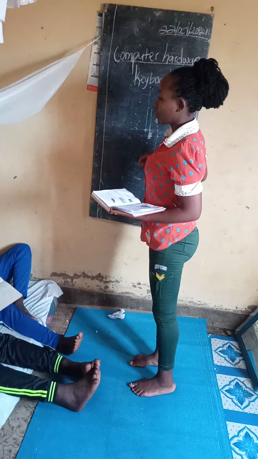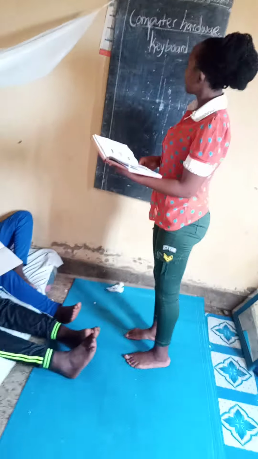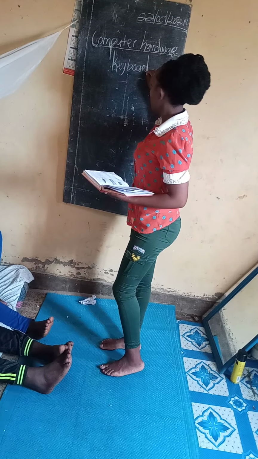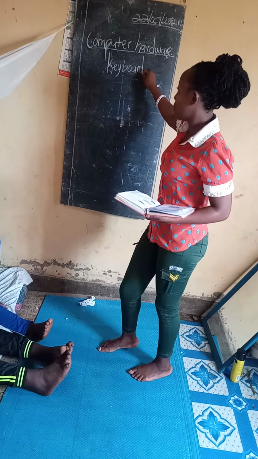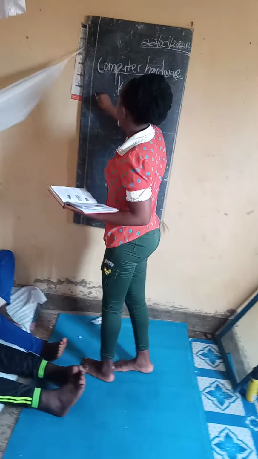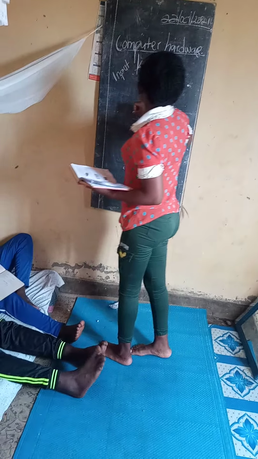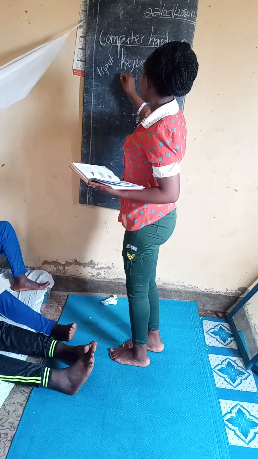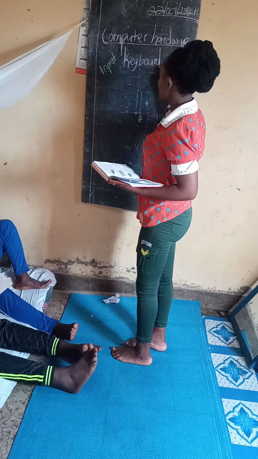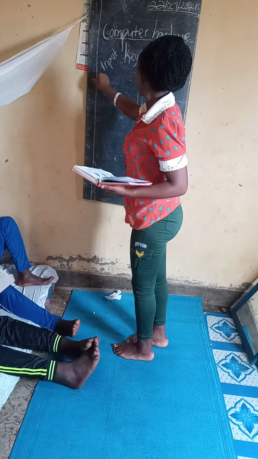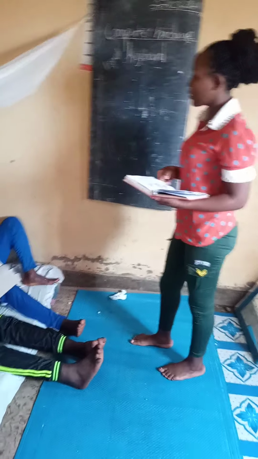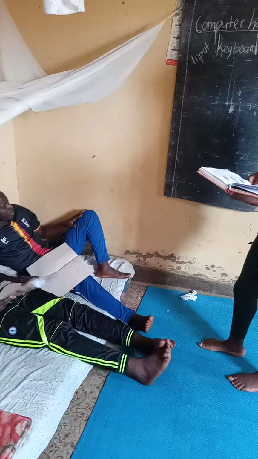Okay, so let's proceed. We've been looking at the computer hardware, and we've talked of a keyboard. Remember, a keyboard is under input devices. So among the input devices, we said we have a keyboard, that is one. So one should give us another device. Yes, we have a joystick.